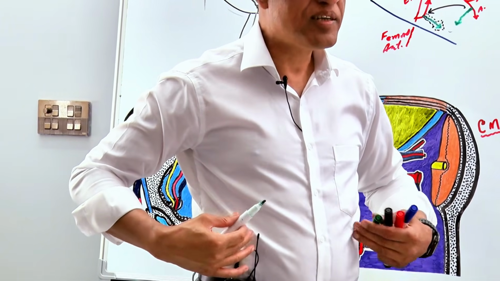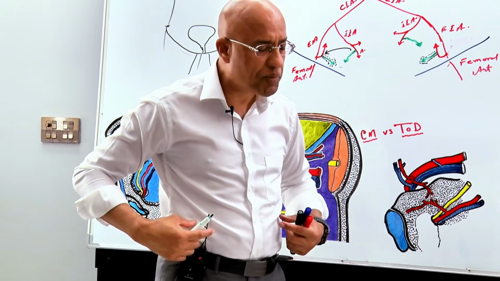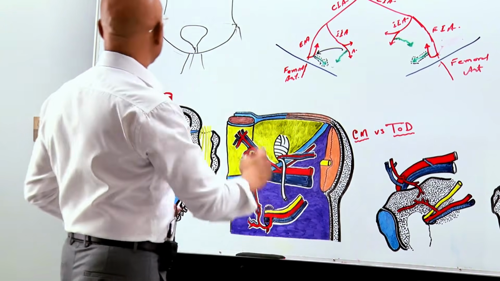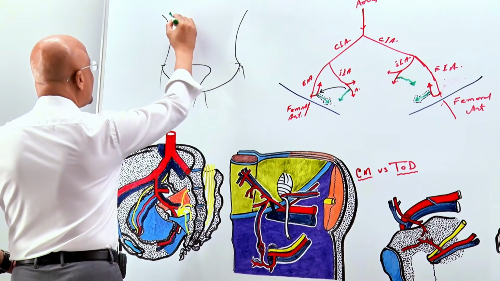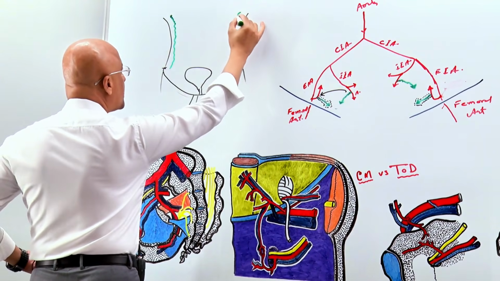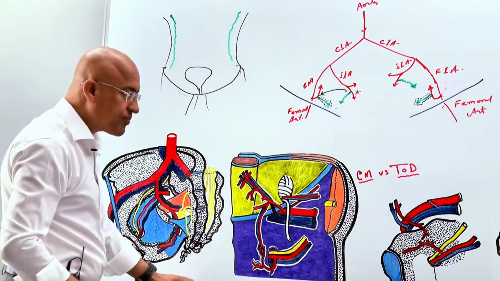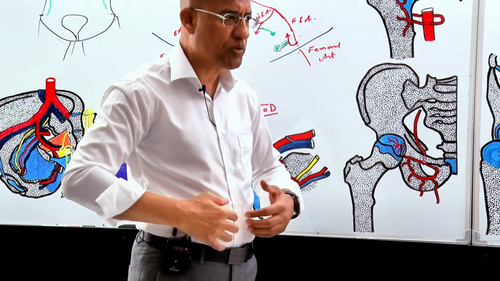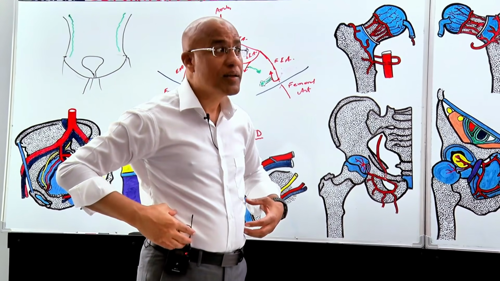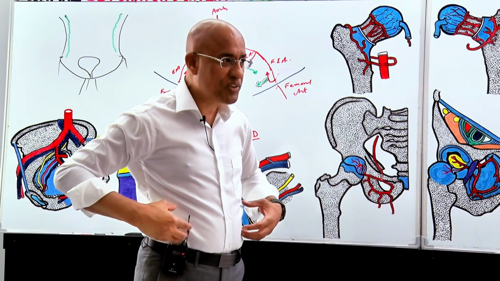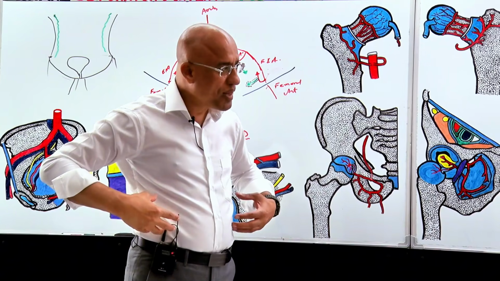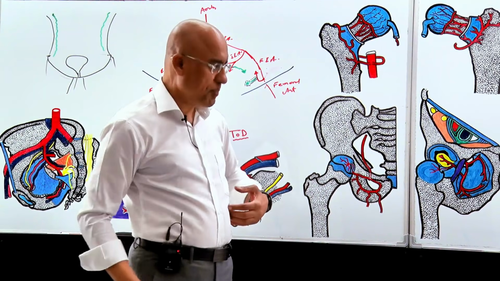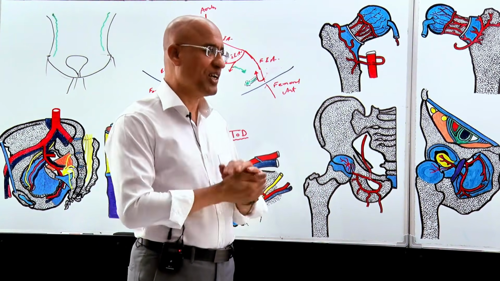the anterolateral wall of the abdomen is lined by skin outside, and inside it is lined by deep fascia. There are muscles and other things, and then there is deep fascia. Here is the skin, then there are abdominal muscles, here is rectus abdominis, and then other muscles like external oblique, internal oblique, transversus abdominis. If you go deeper, the transversus abdominis muscle is lined by a wallpaper, a deep fascia.